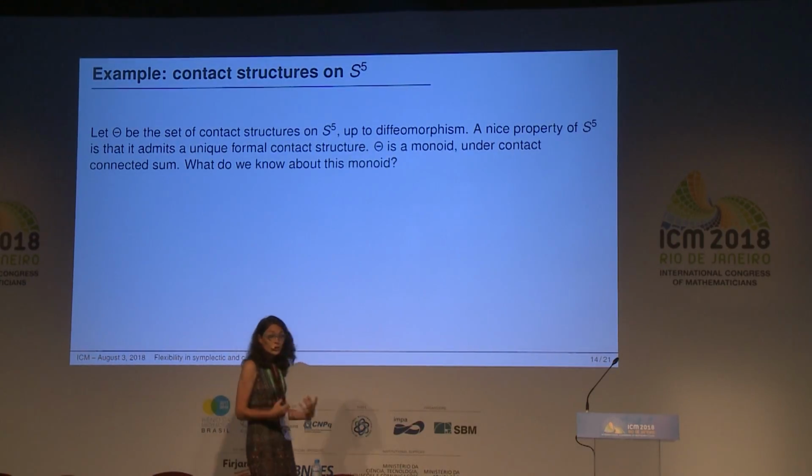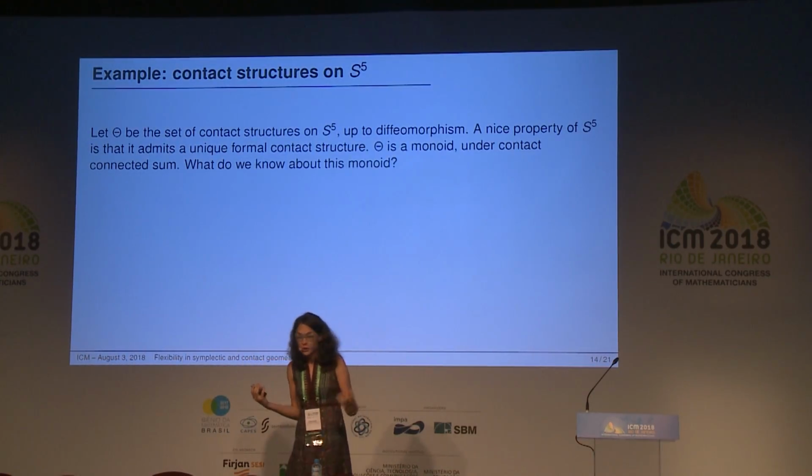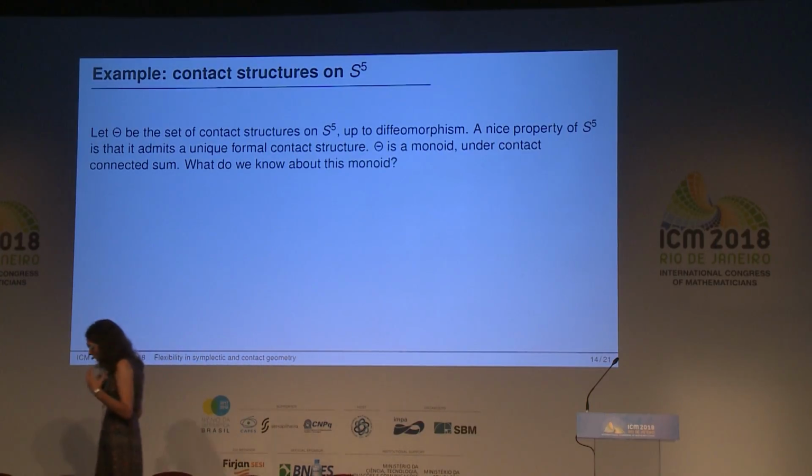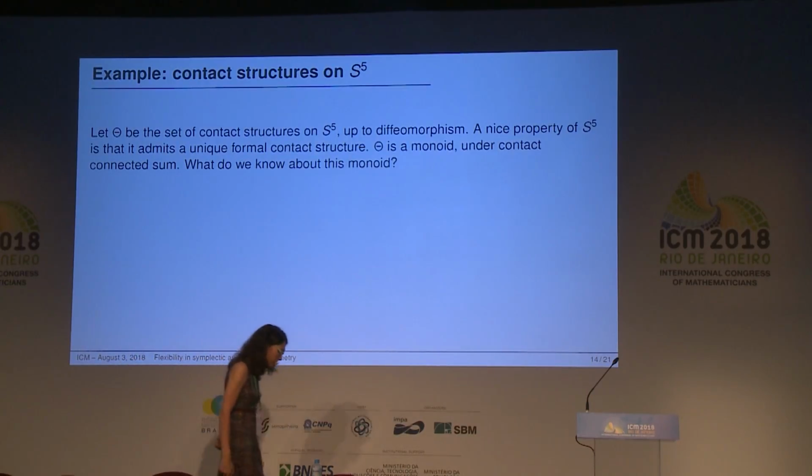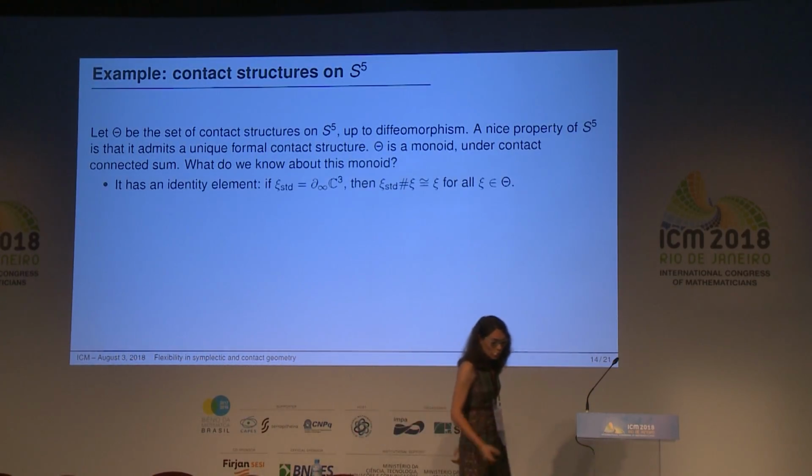Now there's a notion of connect sum of contact structures, so that gives the structure of a monoid on Theta. If I have two contact structures on S5, I can connect sum them together and get another contact structure on S5.